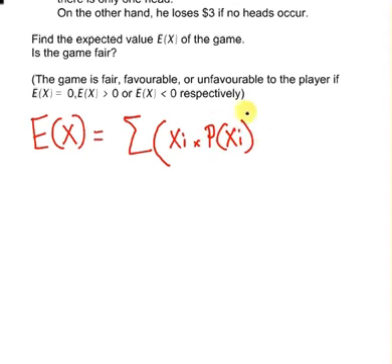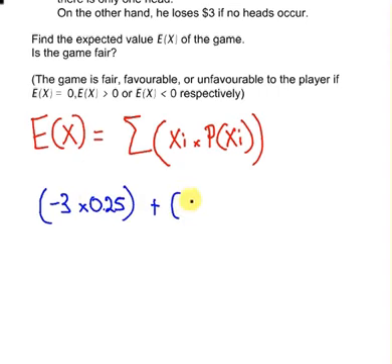So what we would get is minus 3 times 0.25, plus 1 times 0.50, and plus 2 times 0.25.